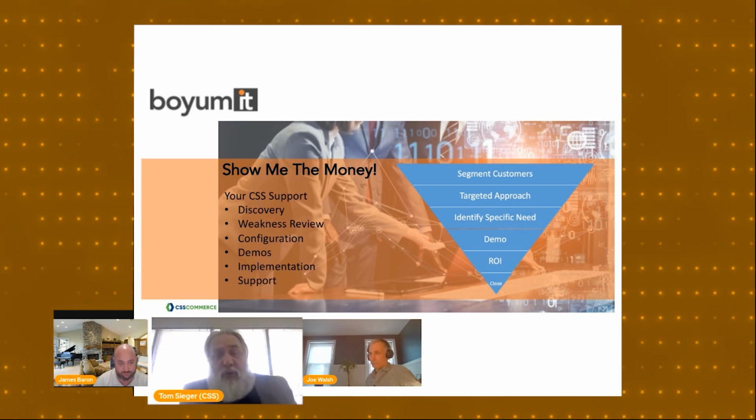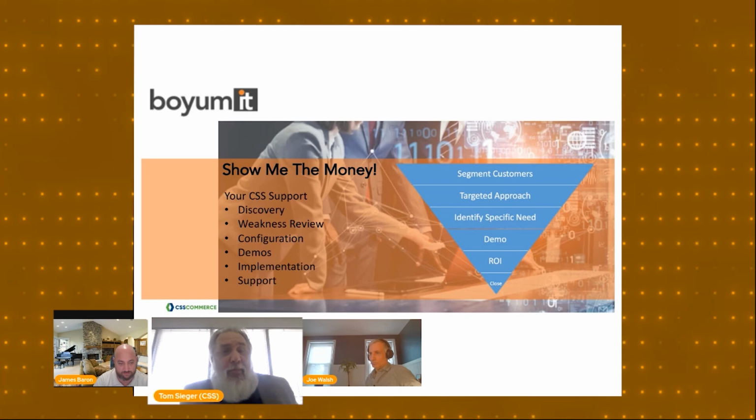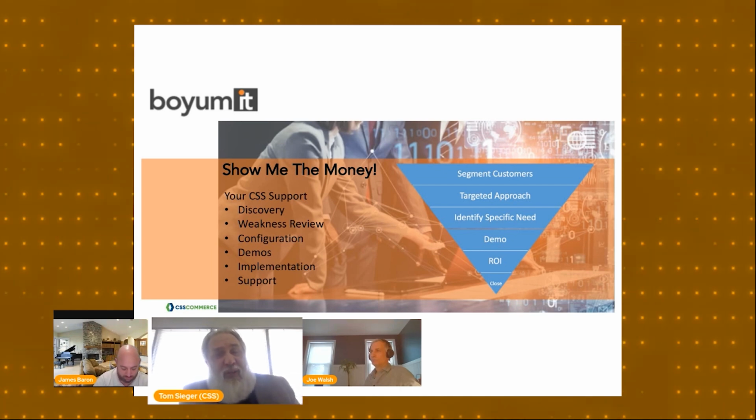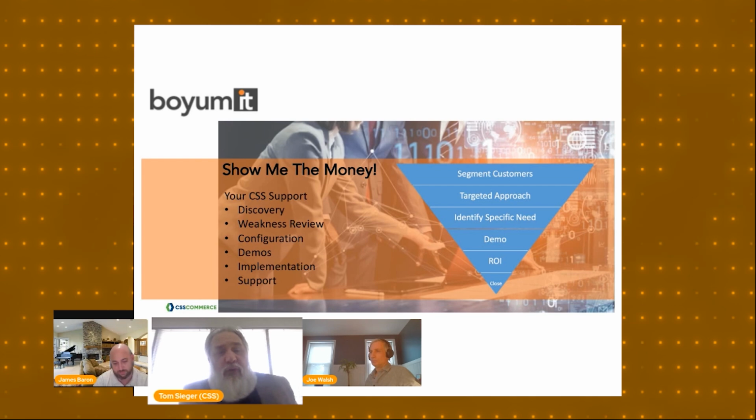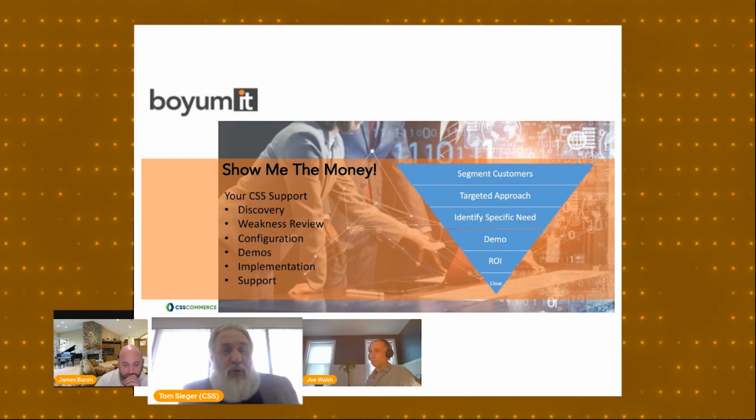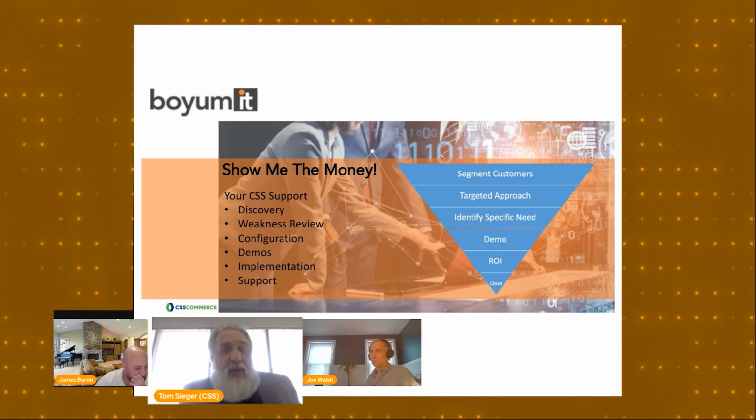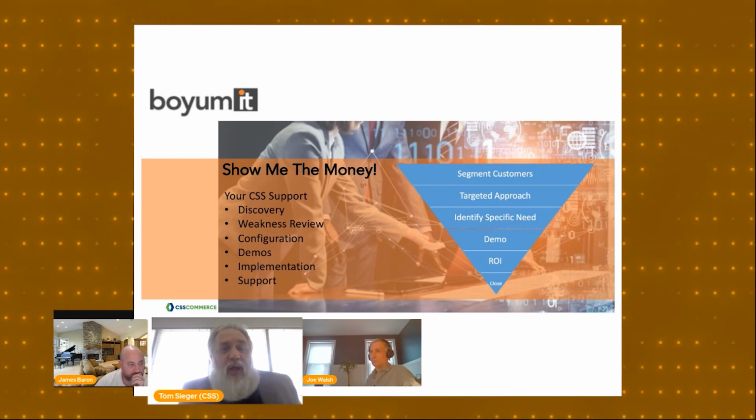And we have an actual ROI calculator that the folks at Perfion designed even before Boyum bought it. That ROI calculator is fantastic in that it just requires 4 or 5 inputs from the customer that you have, and you run those numbers into it, and it will spit back very specific numbers in terms of what that customer can expect, based on the information they provided, for an ROI on this project.